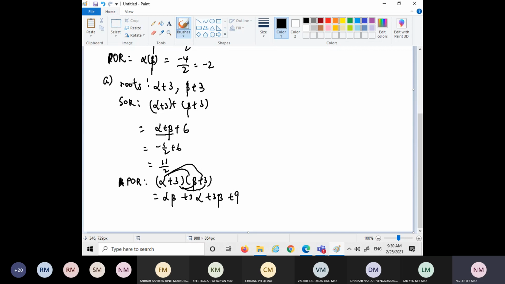Now I try to arrange this so that I can see alpha plus beta. Very simple, you just factor out 3, so the balance inside will be alpha plus beta.